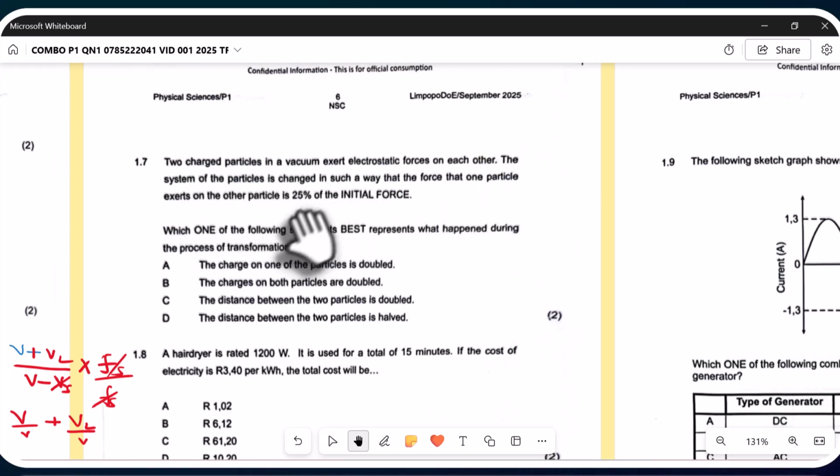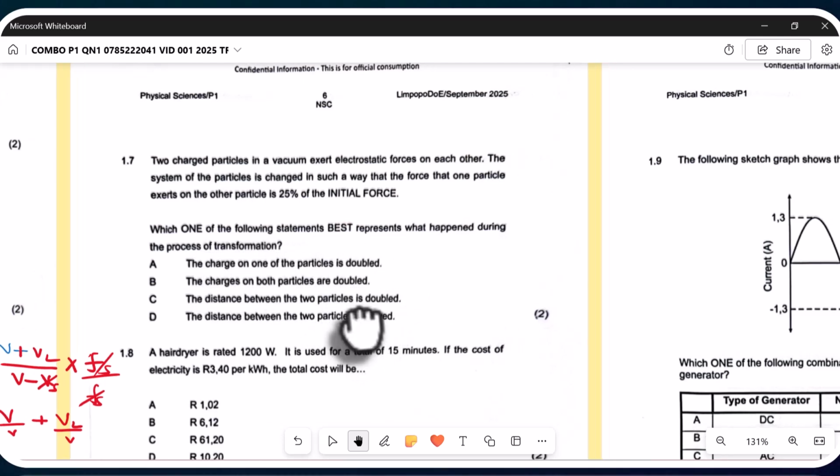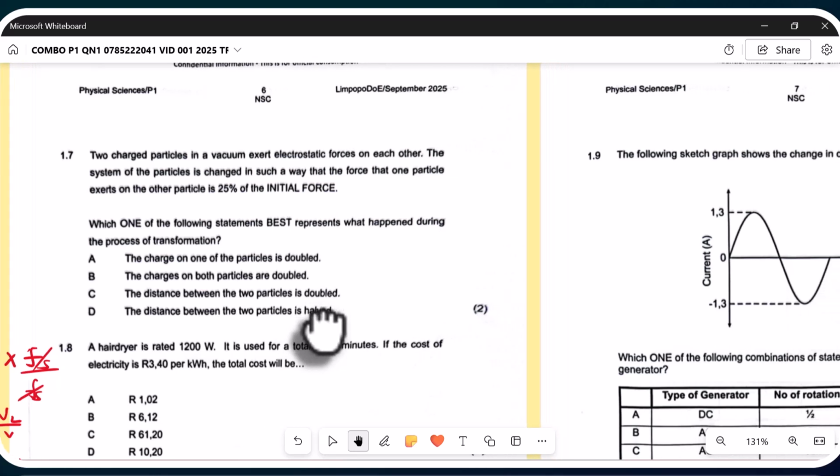This is the original force F before the changes were made, and 1 over 4 is the quarter, which means 25%. So the answer is going to be C. Hope we are together.